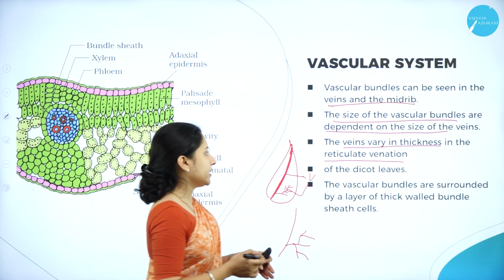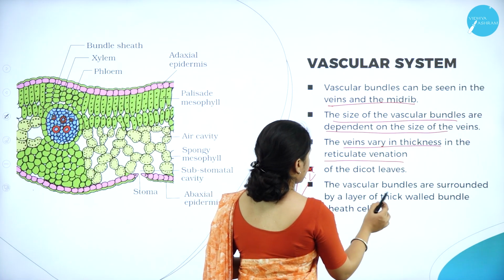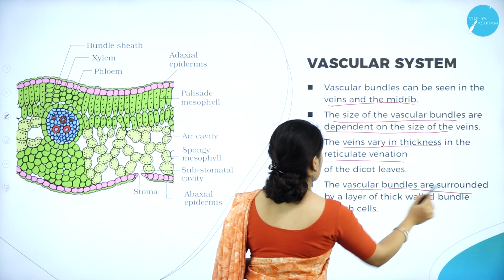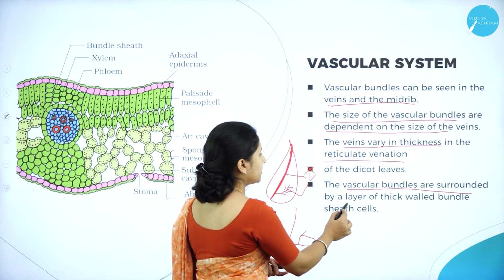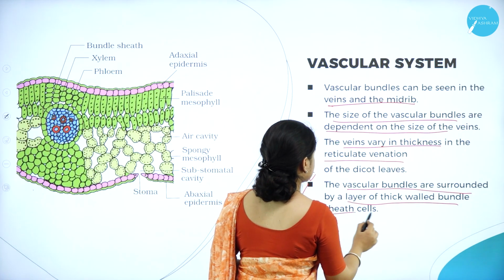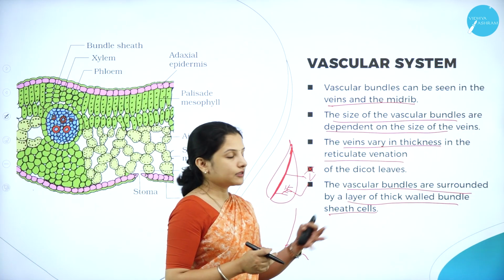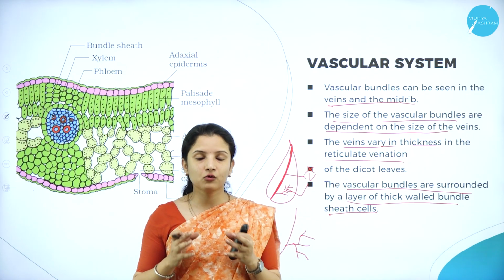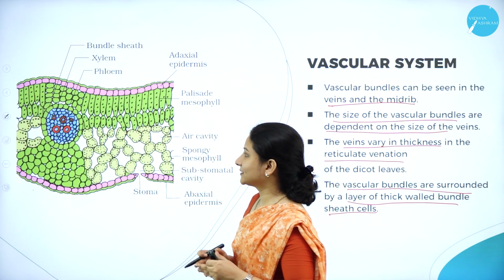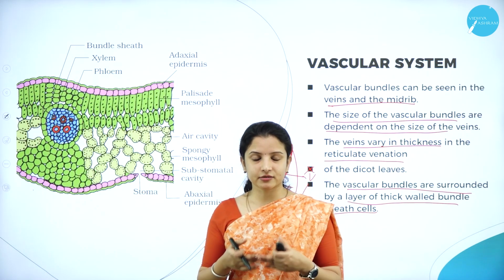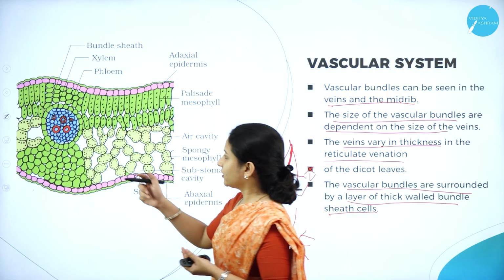And the vascular bundles are usually surrounded by a layer of thick-walled bundle sheath cells. Sheath means layer, so they form a layer around the vascular bundle.